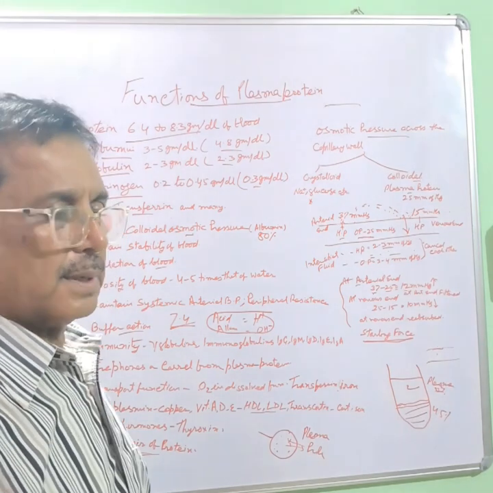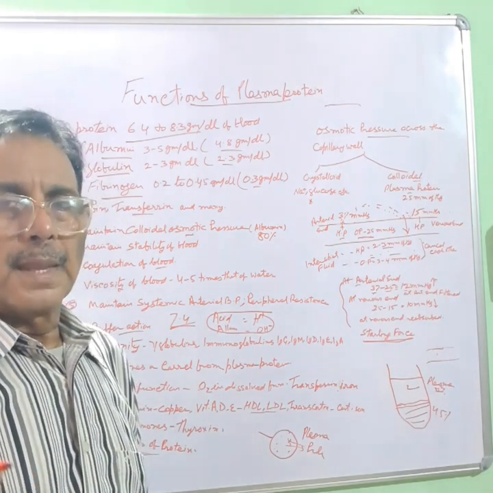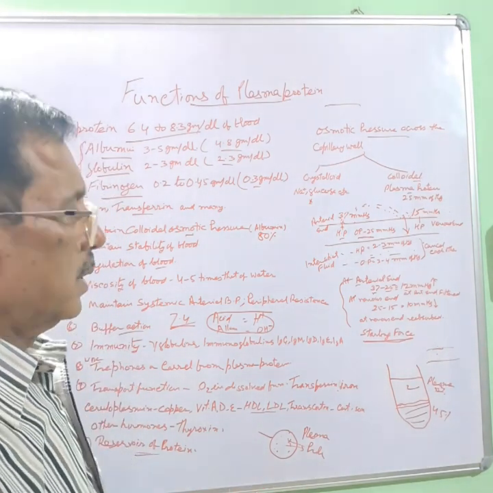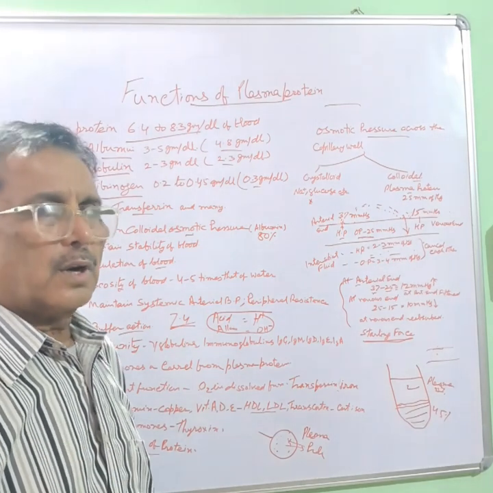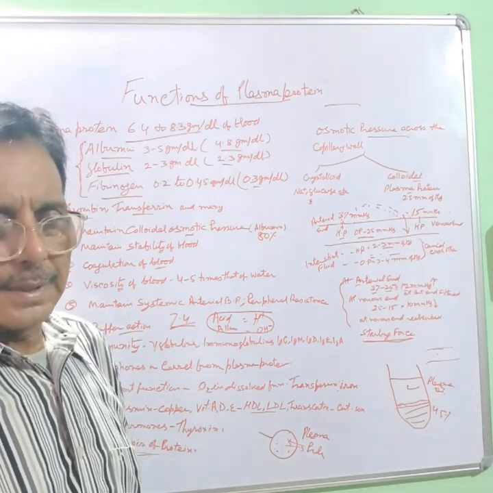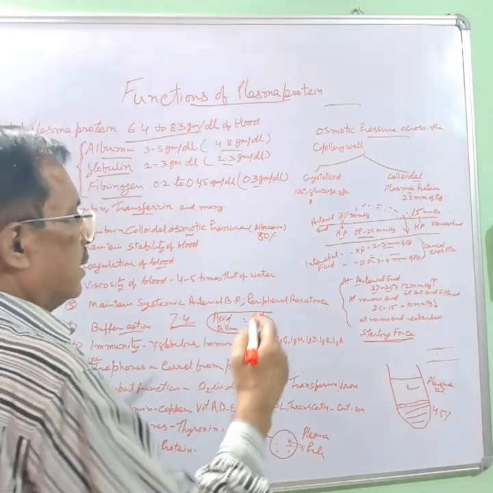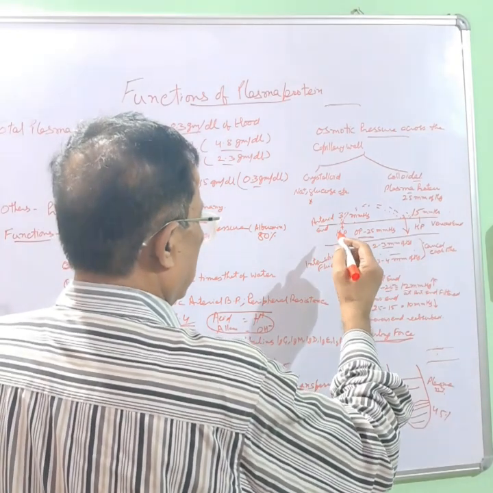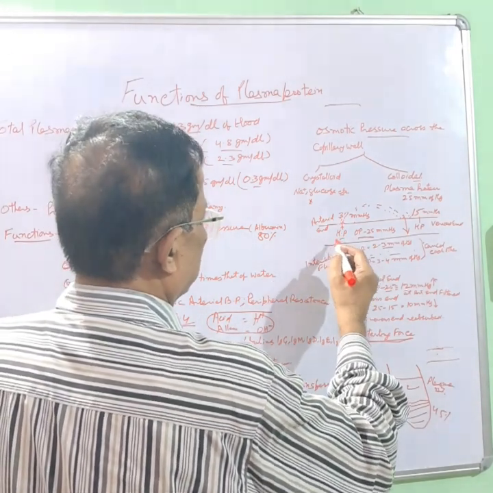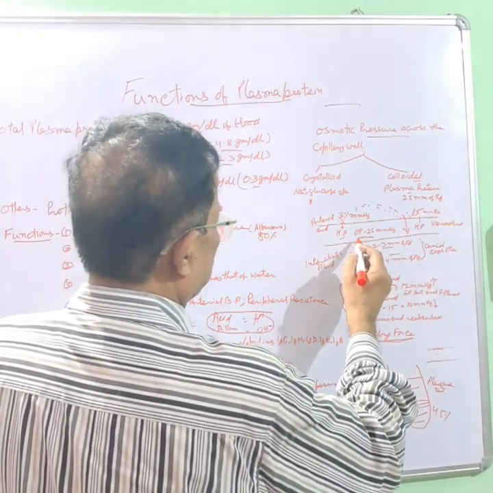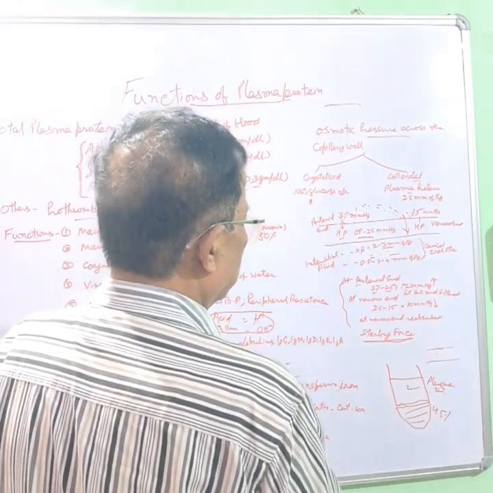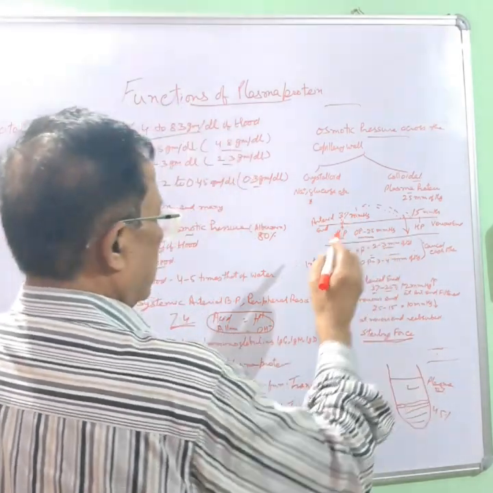Formation is less, for example, in liver disease, dysfunction of liver, or malnutrition, starvation, etc. There is less albumin, plasma protein reduces in amount, and this will cause reduction in this osmotic pressure.